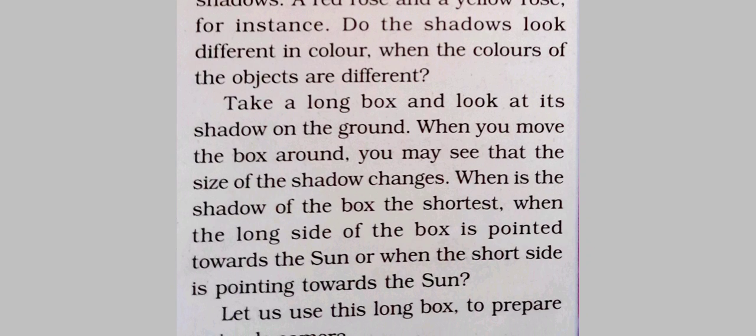So when you take different objects and see the shadows formed by sunlight, by tube light, or by torch light, suppose you take another example: when a bird is flying high up in the air and light is obstructed by that bird, its shadow is not seen on the ground because the ground is very far below the bird.